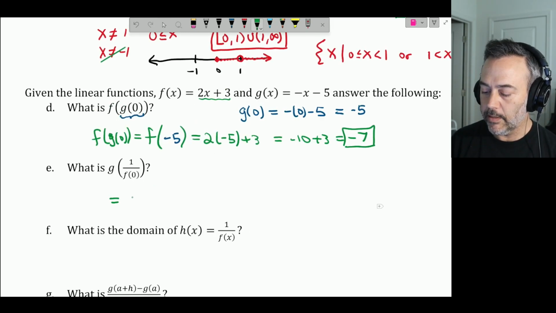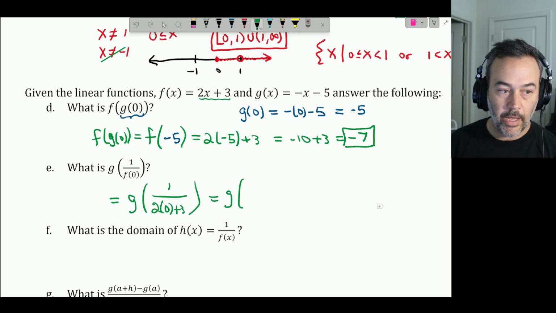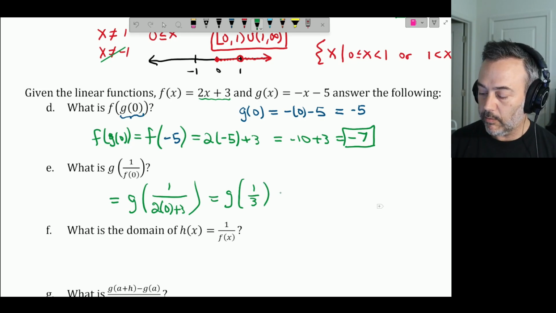So this one is g of 1 over f of 0, because we want f of 0 in the denominator. F of 0 is 2 times 0 plus 3, and that equals 3, so we have g of 1/3.